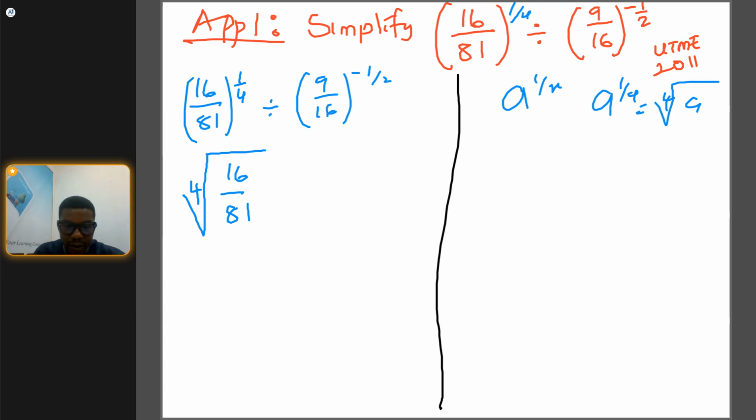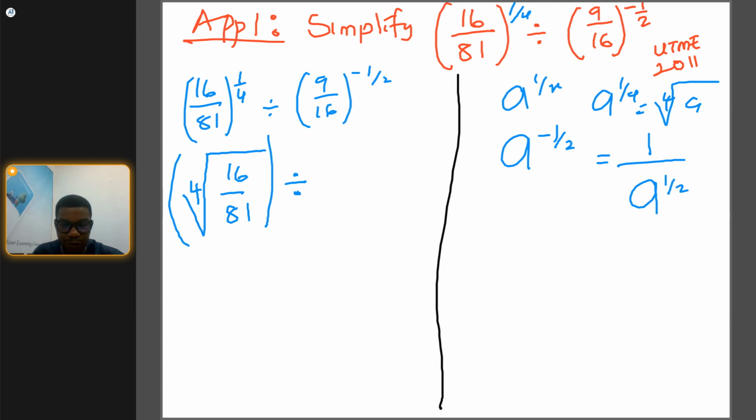Moving on to the other side, there is a division in between them. Let's put division. Close this so that you won't mess it up. Now for this, we have a minus. If I have a raised to power minus 1 over 2, by the law of indices it means 1 over a raised to power 1 over 2.